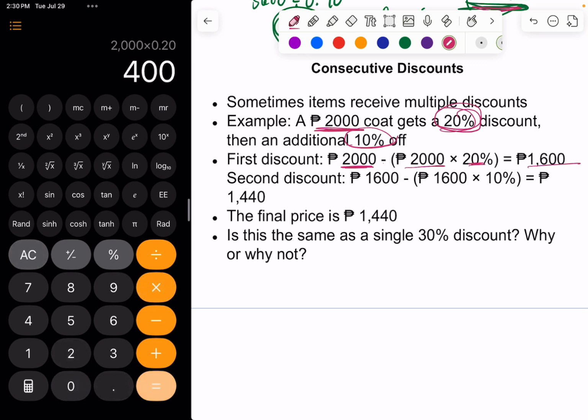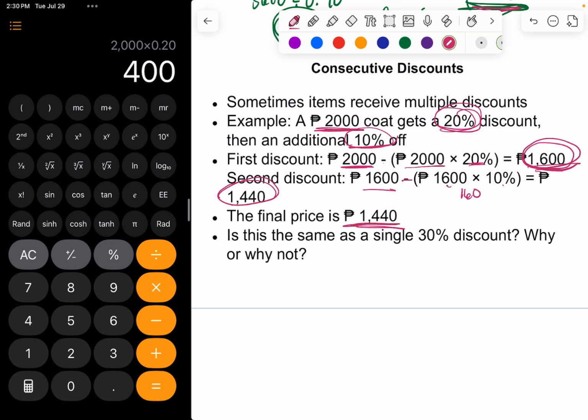Times 0.20, you have 400. So 2,000 minus 400, the answer is 1,600. So kana si 1,600, mao na po i-applyan nimo og 10% off. So 1,600 minus what is 10% of 1,600? That is 160. So the answer is 1,440.